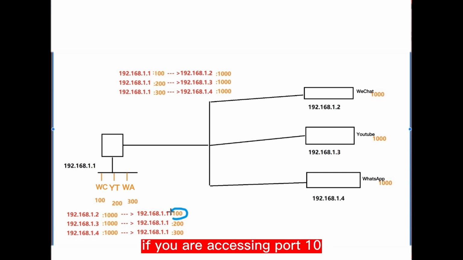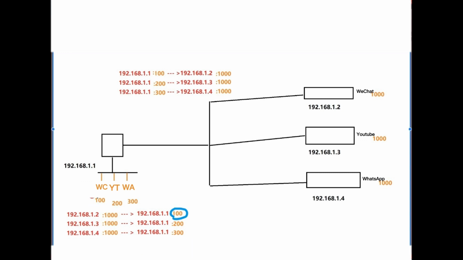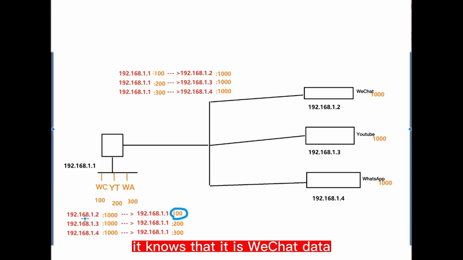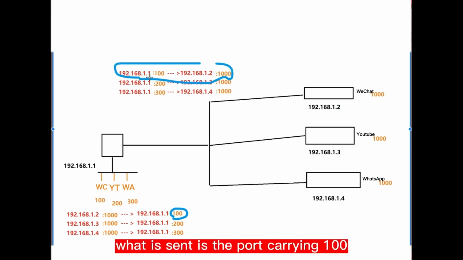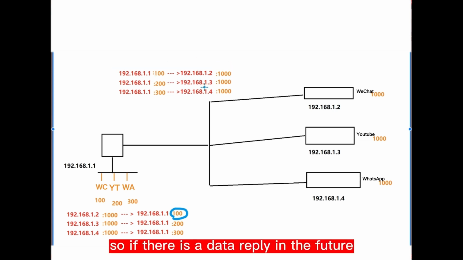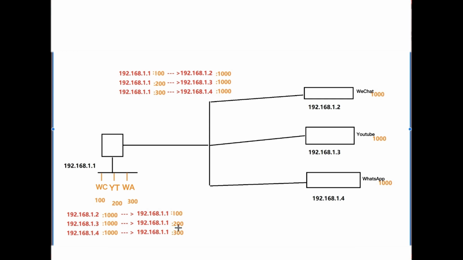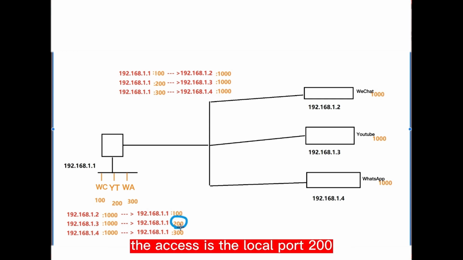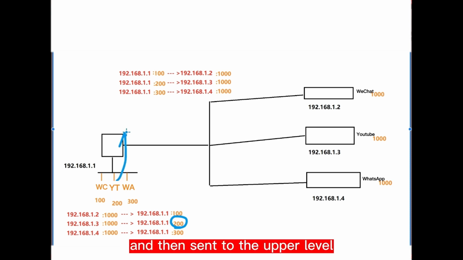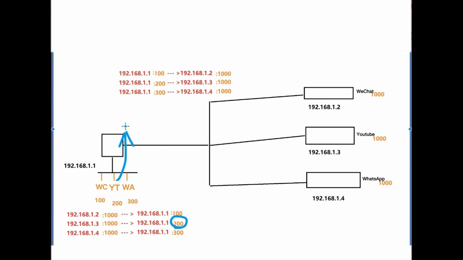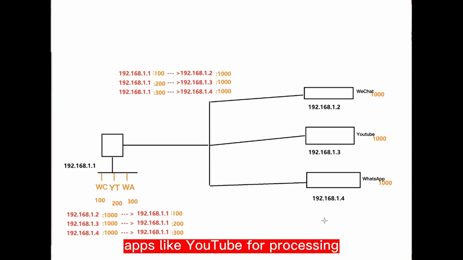It does not distinguish between applications. But now it's okay. It received a data. If you are accessing port 100 of the current device, it knows that it is WeChat data, the data that was indeed sent to WeChat just now. What is sent is the port carrying 100. So, if there is a data reply in the future and the access is the local port 200, it knows that this is YouTube data, and then sends it to the upper level, apps like YouTube, for processing.